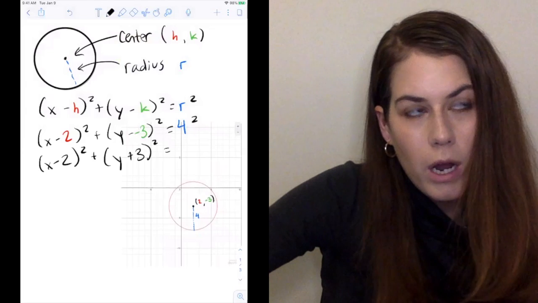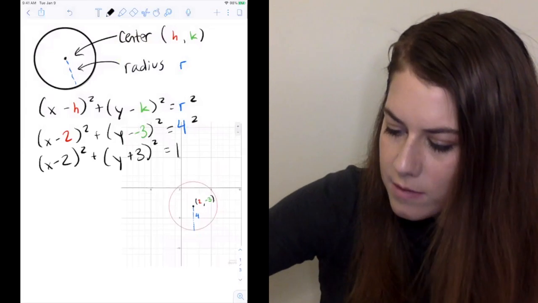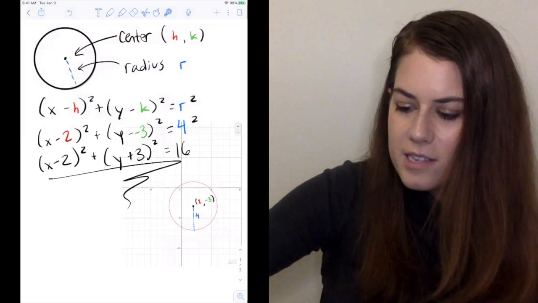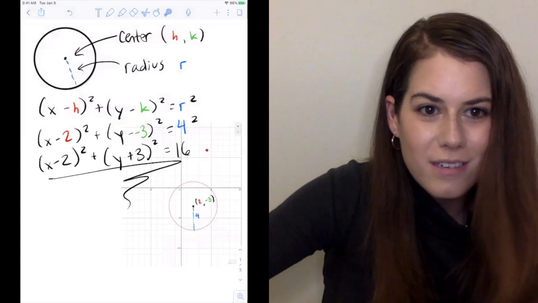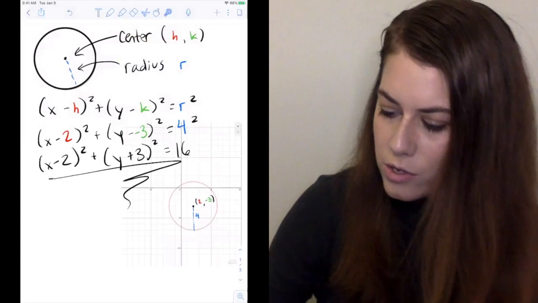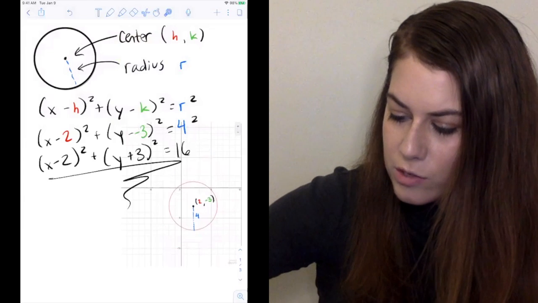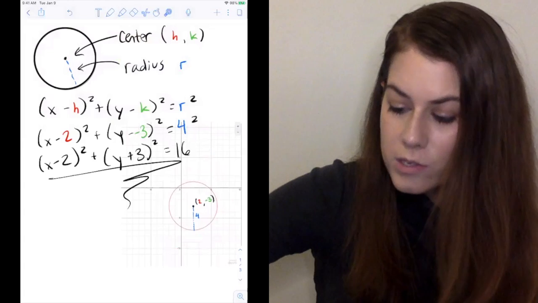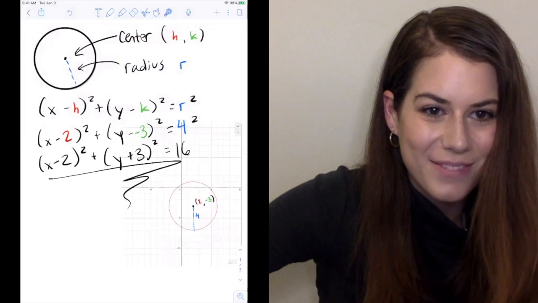And 4 squared, 4 times 4 is 16. While both of these are correct, it's this second version that you would see more often because it's the most simplified. So that is the equation of this circle: (x - 2)² + (y + 3)² = 16.